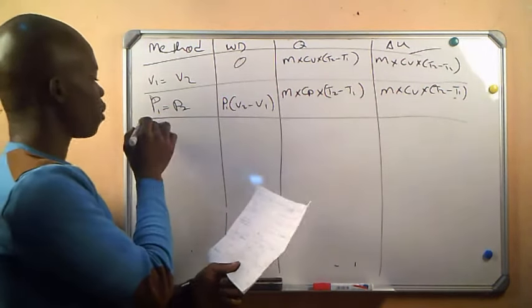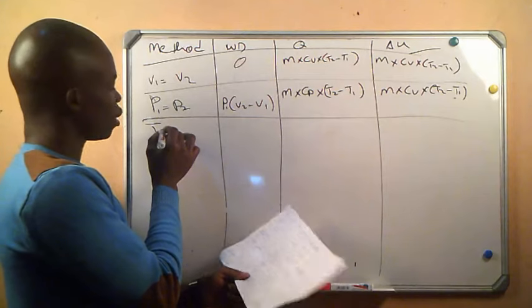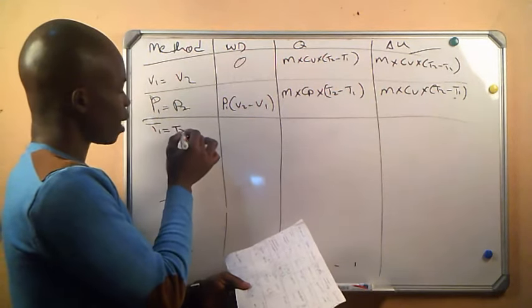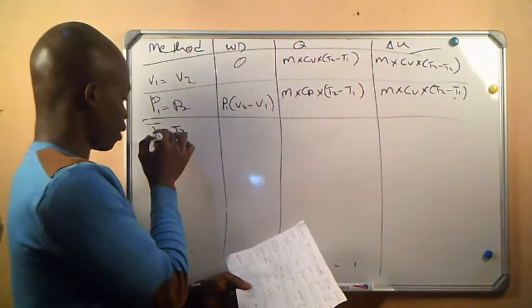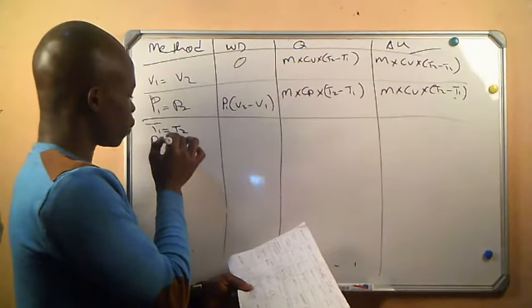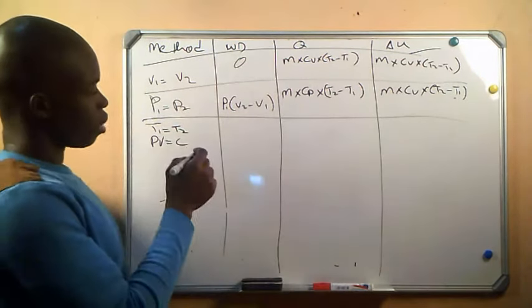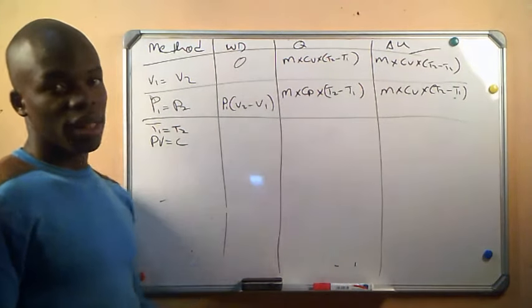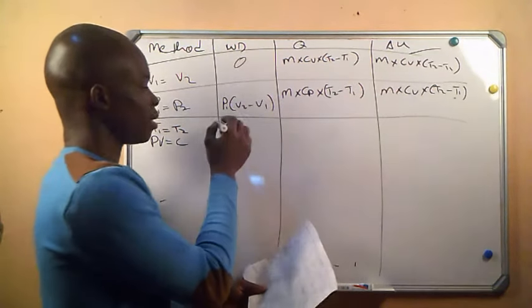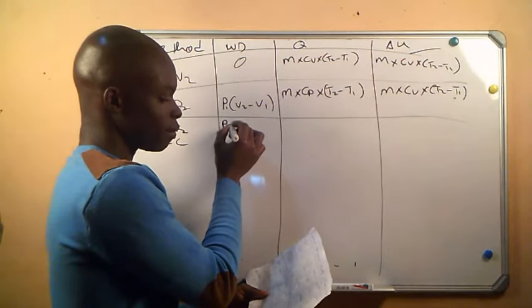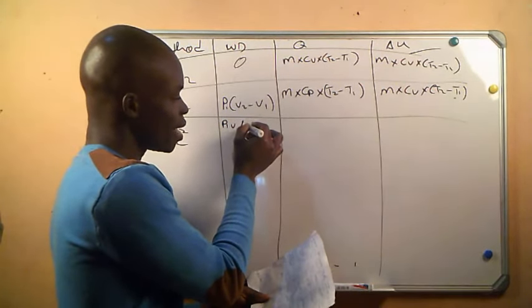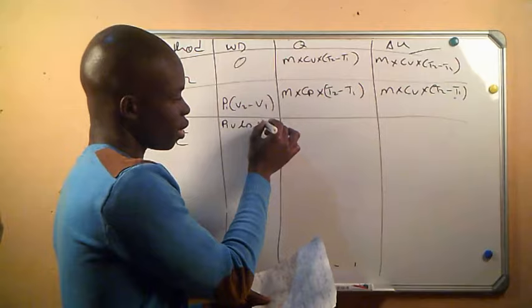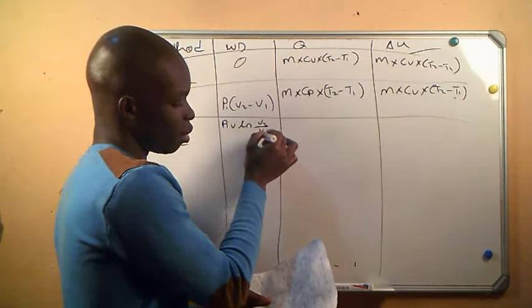And then we have our method number 3, which is constant temperature, and it's performed using this law. Here, if we want to calculate our work done, we no longer use this formula. Now we use another formula that says P1 V1 ln V2 divided by V1.